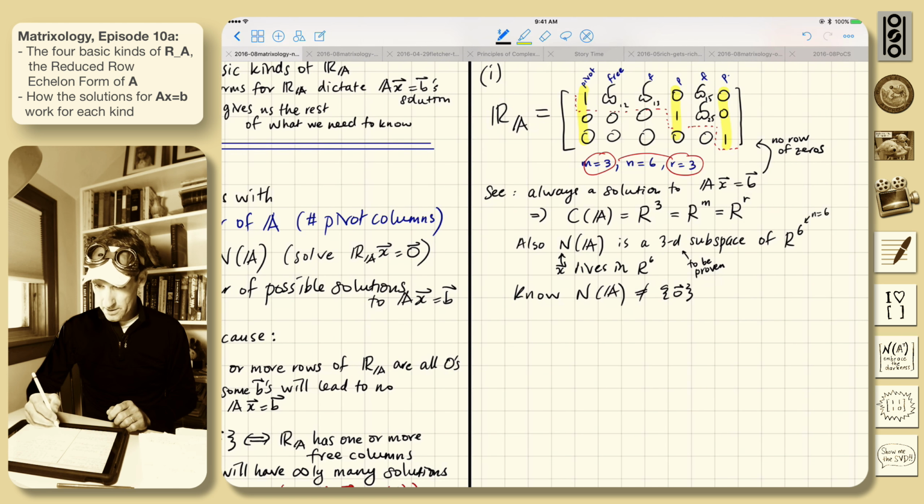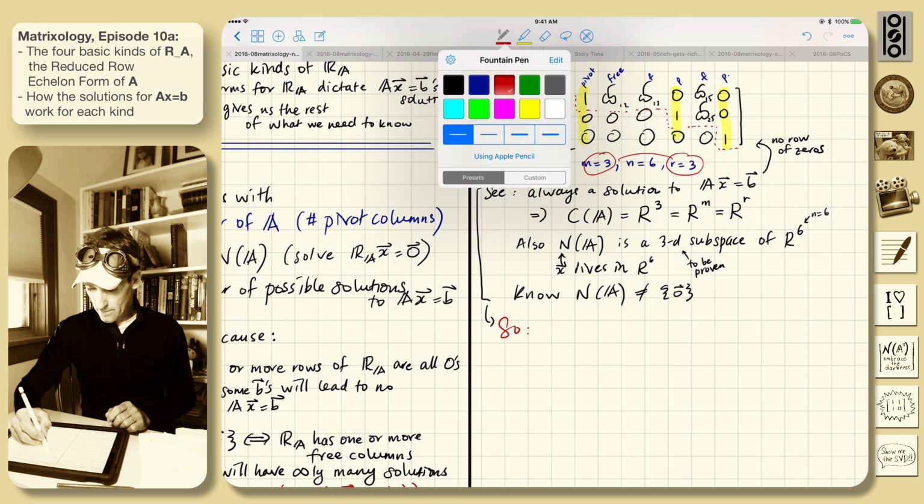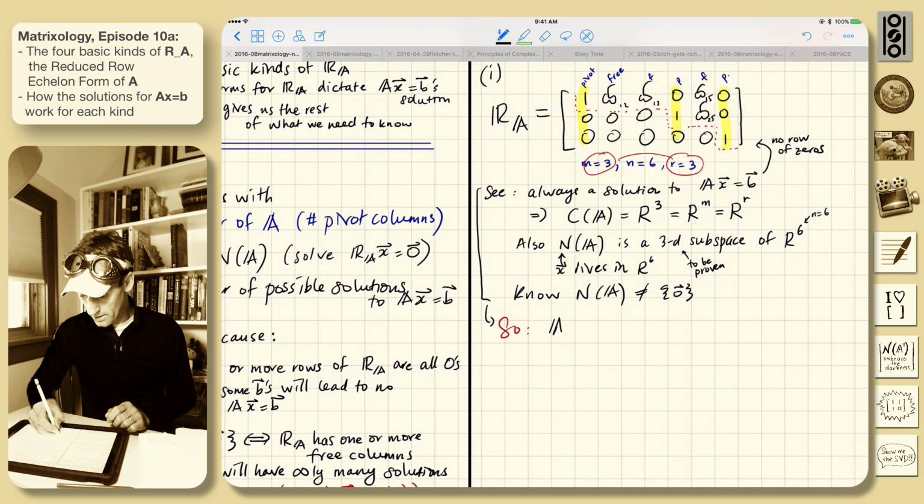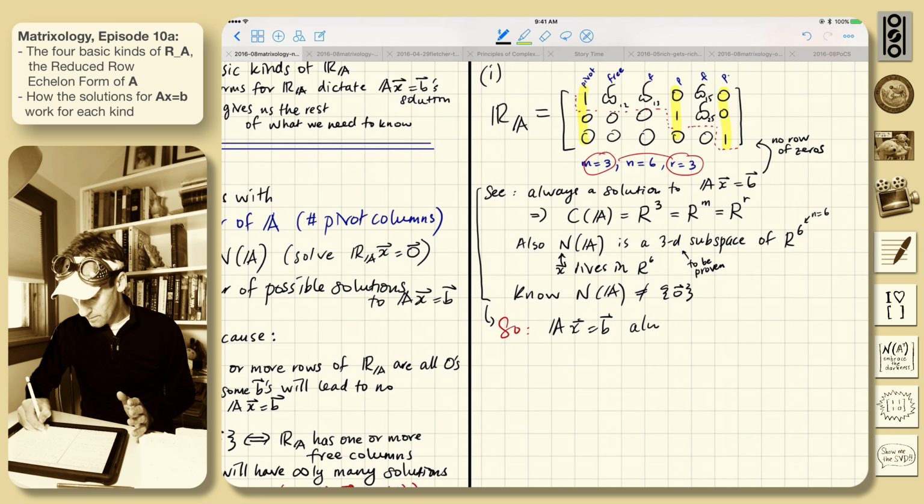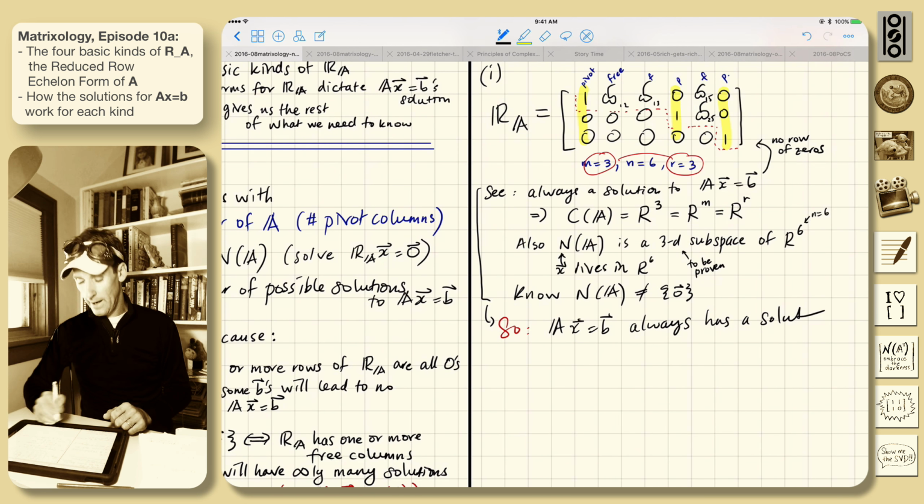And so the upshot for this one, so these are things that we can see: in this case, Ax equals b always has a solution, and there are always infinitely many.